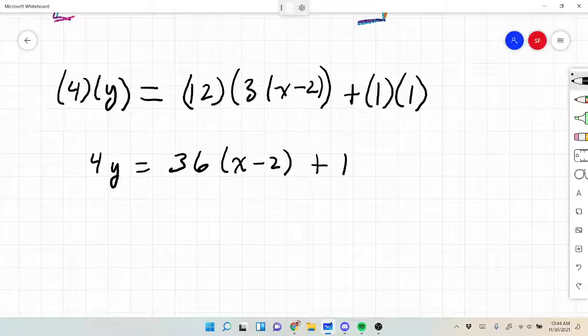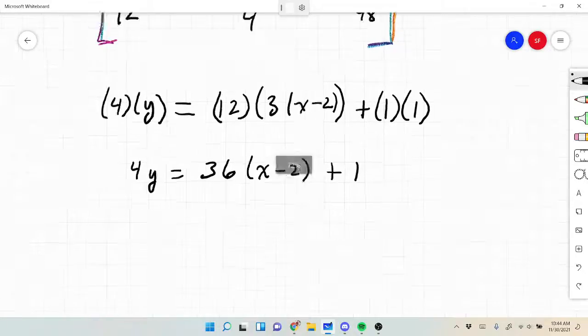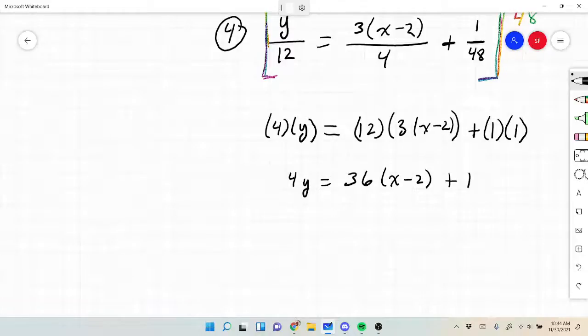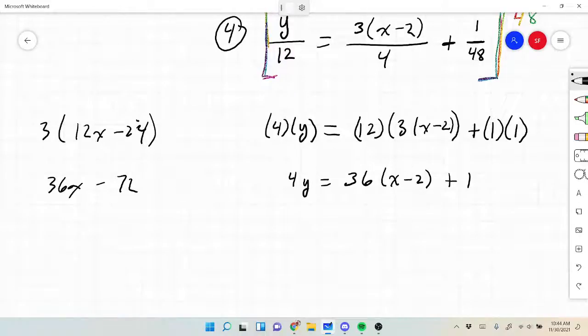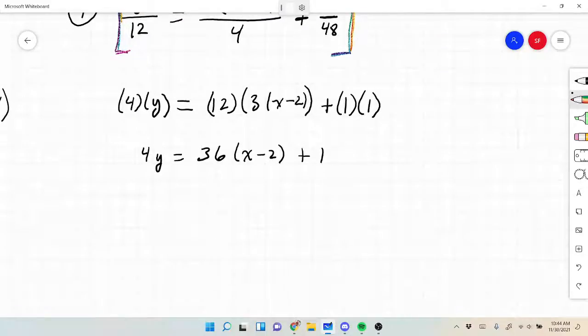Distribute it. But you don't just distribute the 12. You can do it in that order. You can do 3 times 12x minus 24, right? You could distribute the 12, and then you distribute the 3, and end up with 36x minus 72. So you can do it in that order, because when we do this in a minute and distribute this, we're going to get the same thing. Okay.